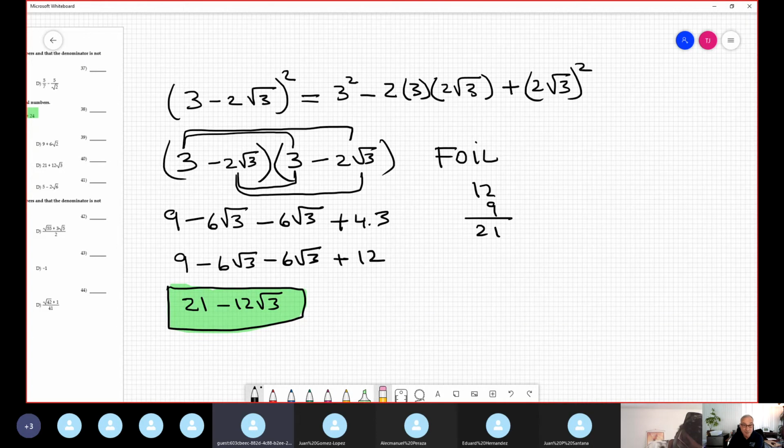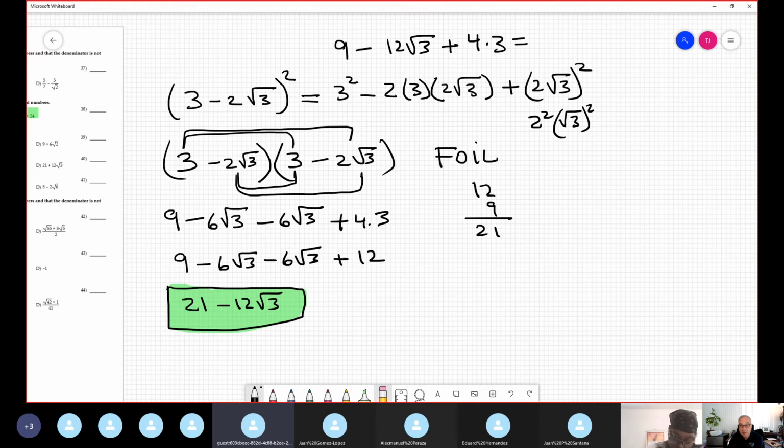Well, this is 9. This is 12 radical 3, because 2 times 3 is 6, times 2 is 12. And the square is 4: 2 squared is 4, and the radical, you know, the square root of 3 and the square cancel out, so the radical is just 3.